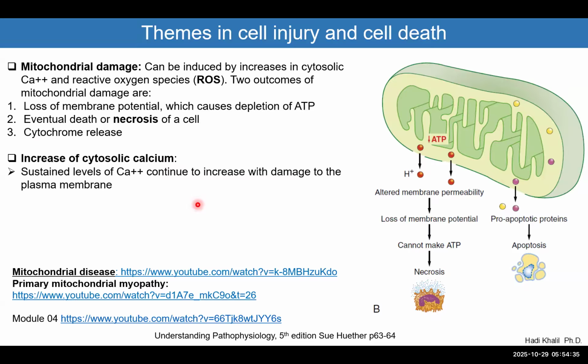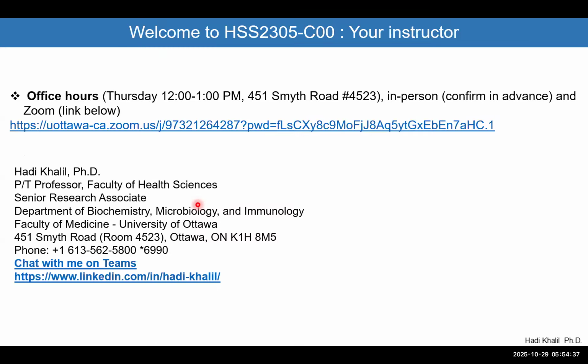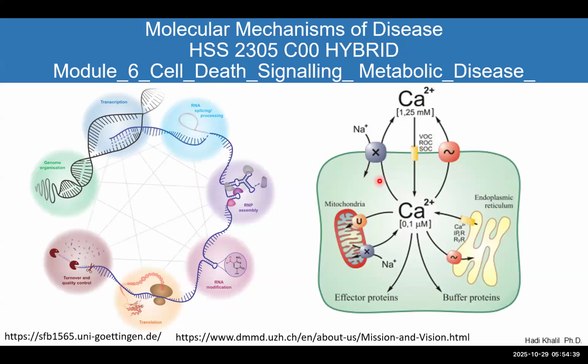The first slide that I showed tells you that the level of calcium is 0.1 micromolar. Be aware, 0.1 micromolar within the cell. Outside the cell, 1.25 millimolar. You are speaking about 10,000-fold higher.